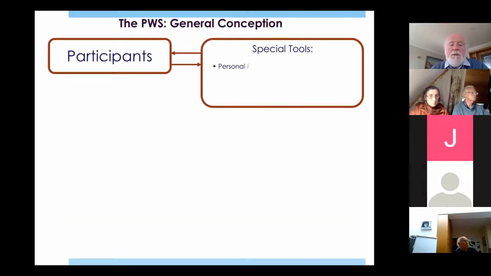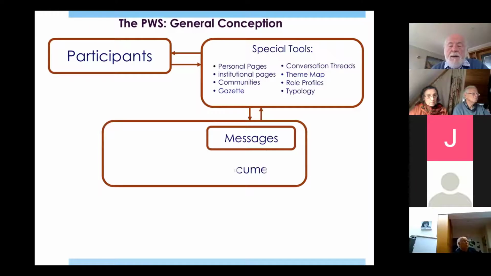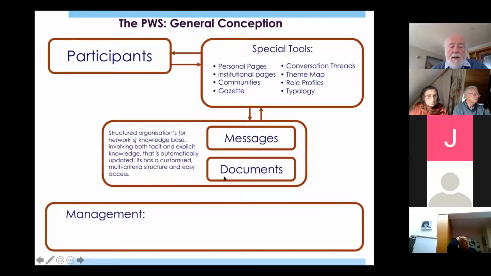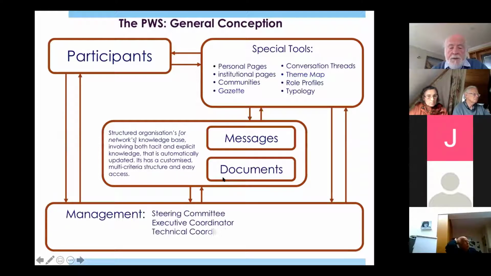The general concept is very simple. Participants, some special tools, I showed most of them, through which we publish and build a knowledge base of messages and documents, and a management system, steering committee, and so on, and many other things we could talk about later.